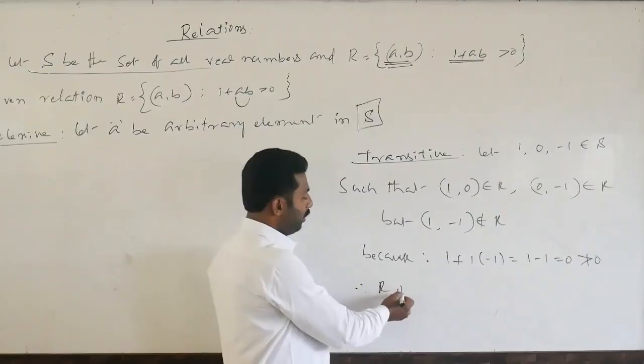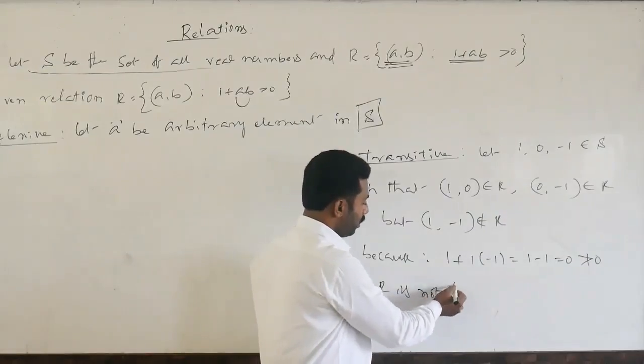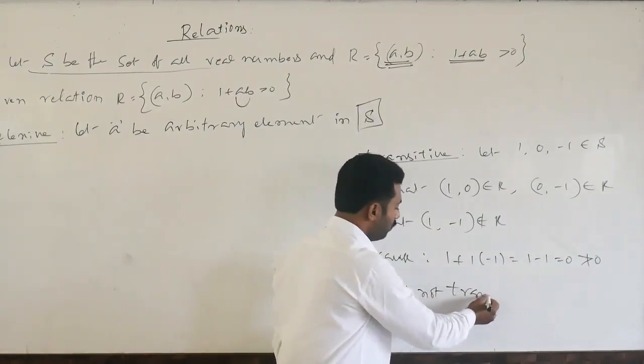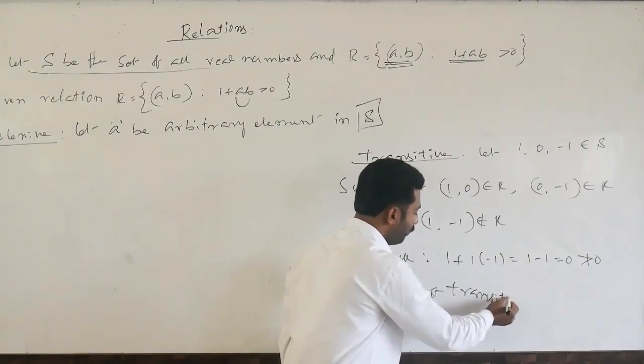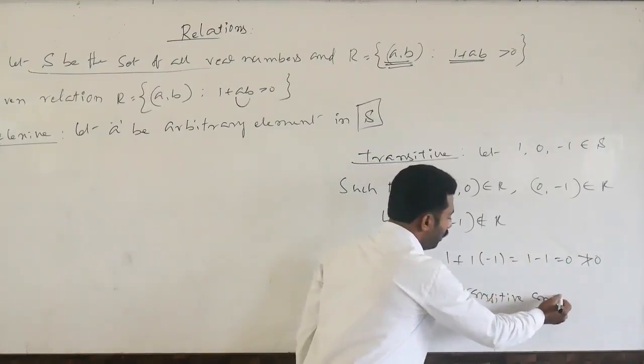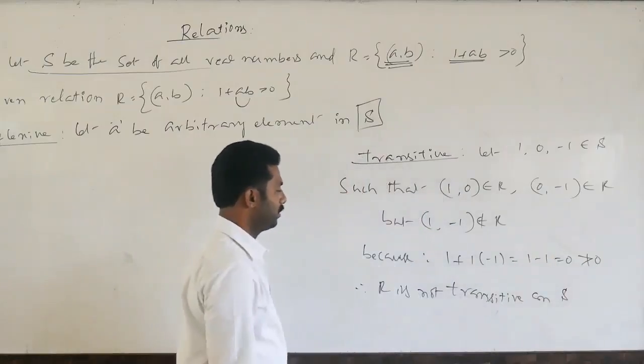Therefore, capital R is not transitive on the set of real numbers.